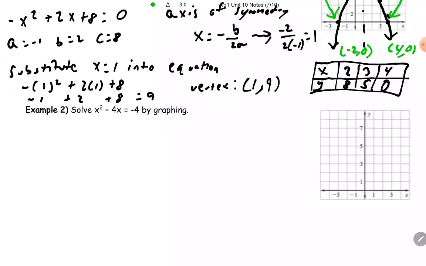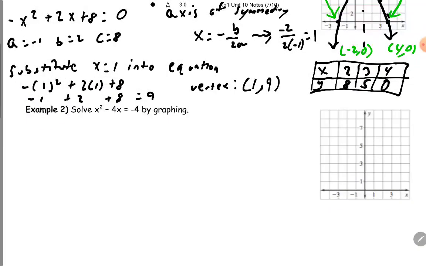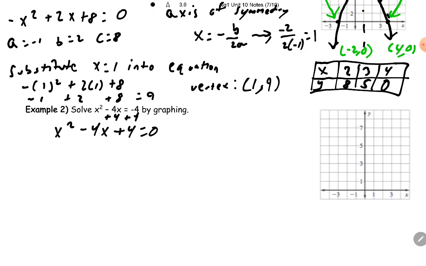All right, example 2. We're going to move everything to one side. X squared minus 4x. We're going to add this positive 4 to both sides. Okay, so now we're going to use an alternative method. We're going to factor.